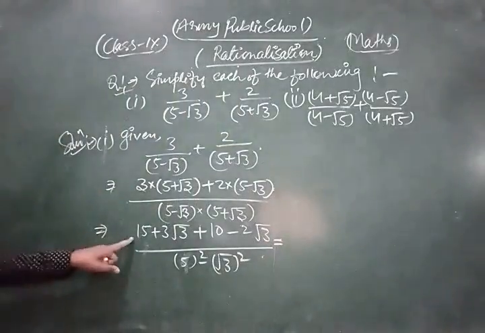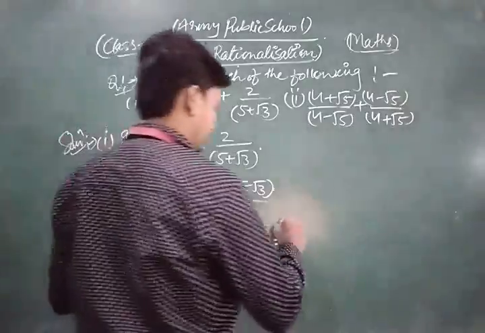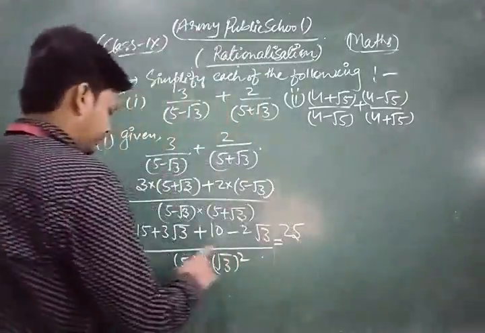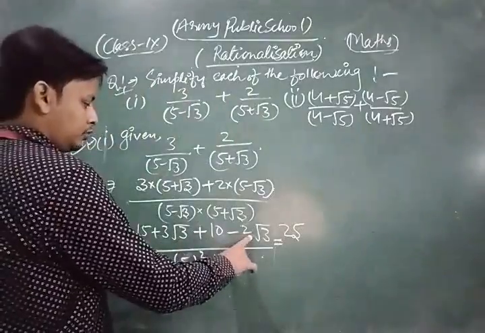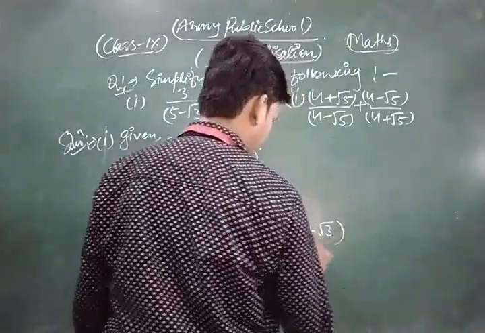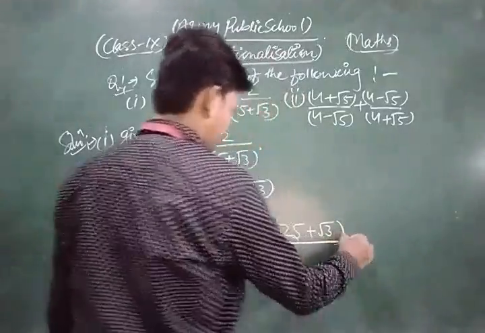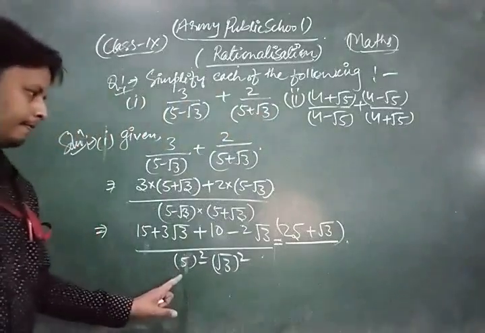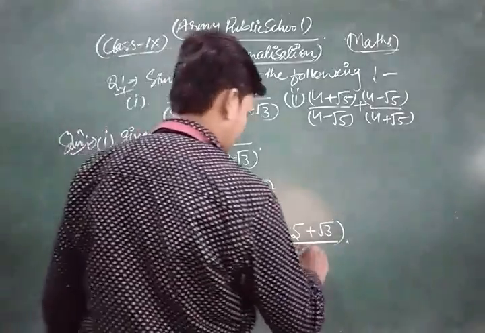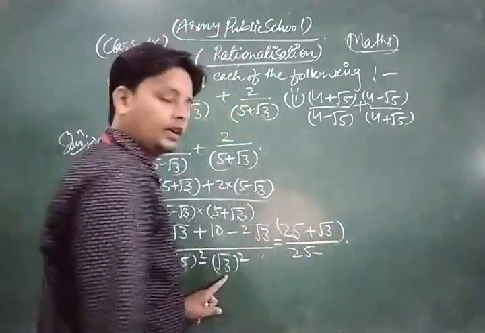Now look, 15, 10, 25. Now 3 root 3 minus 2 root 3, that is plus 1 root 3. Upon this is 5 square is 25 minus root 3 square is what? Just 3.